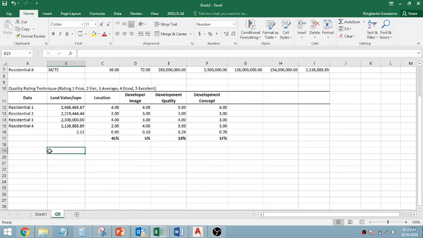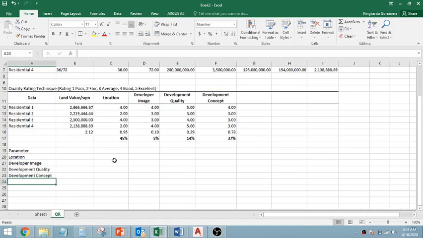So the next step, we want to put the score for the subject property. So we have the parameters. The parameters are location, developer image, development quality, and development concept.